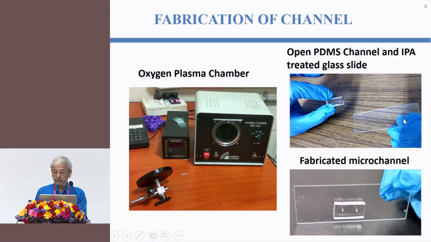Naturally, you cannot see it with the naked eye. This is the back of the channel, and to get the full photography, we had to mount it on a glass slide, and that was done in an oxygen plasma chamber.